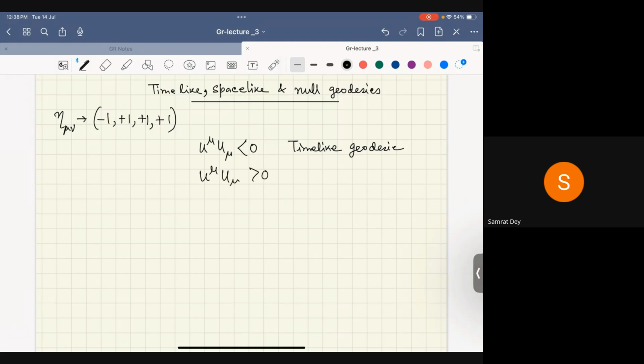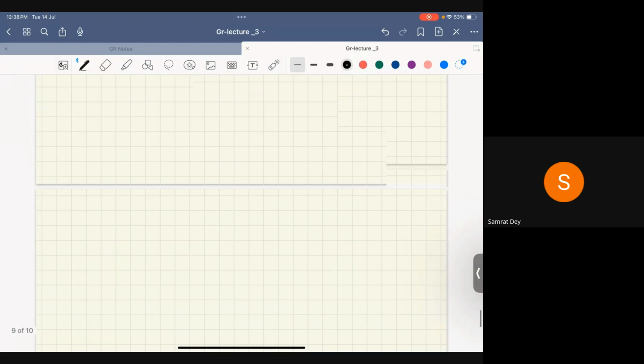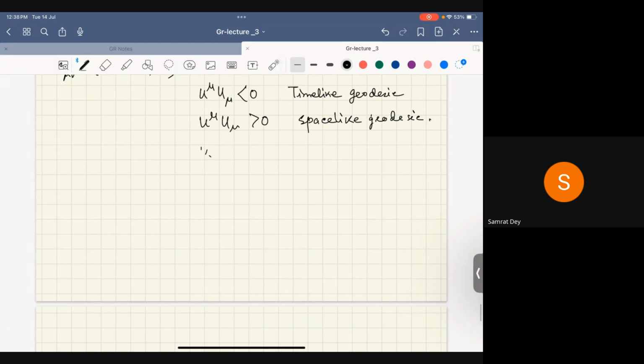Otherwise, if the norm is positive, it is space-like, but there is also another class where u^μ u_μ equal to 0, and they are known as null geodesics.